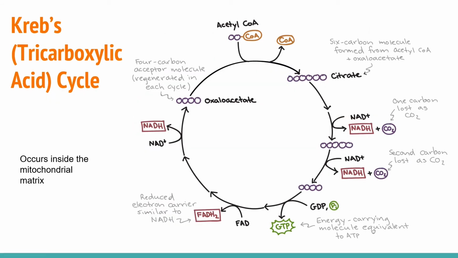The Krebs cycle. So again, we're following the acetyl-CoA molecule. The Krebs cycle is basically a series of, it's kind of like a revolving door of reactions. And although it kind of looks like it, it's not quite that the acetyl-CoA just passes through all these different reactions.